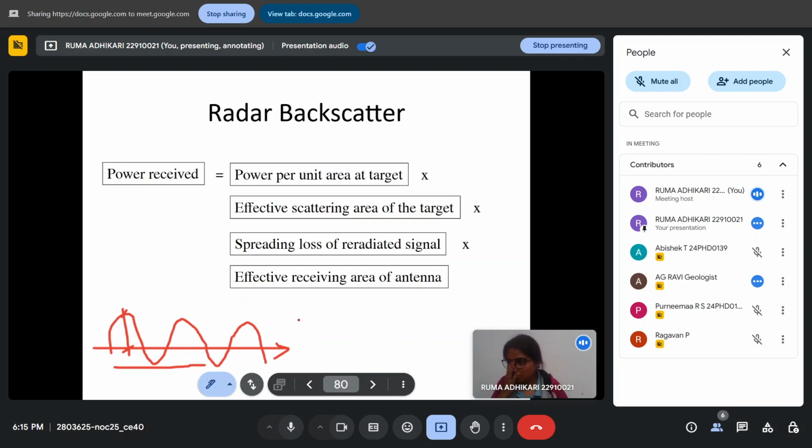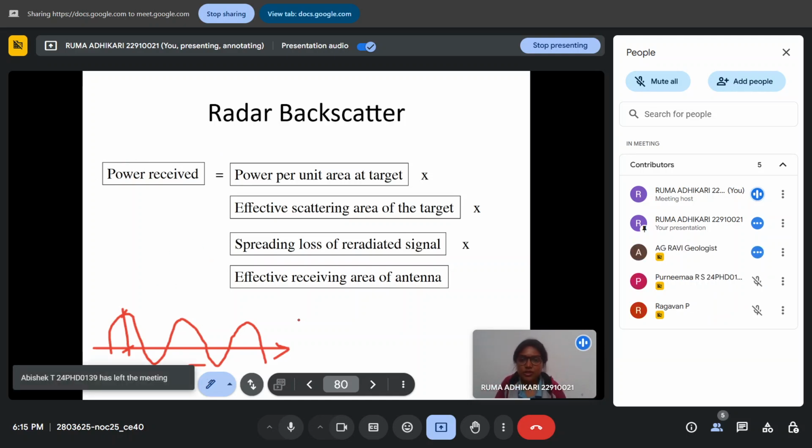Often we skip these details. To get from amplitude, it is simple, the simple equations. So intensity is nothing but the amplitude square, or the power.